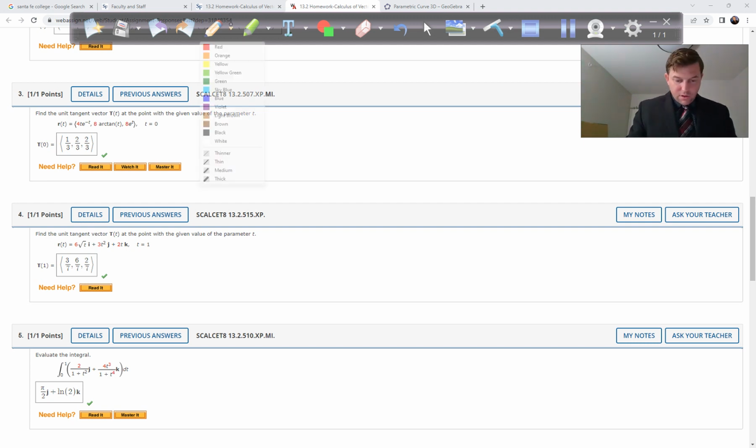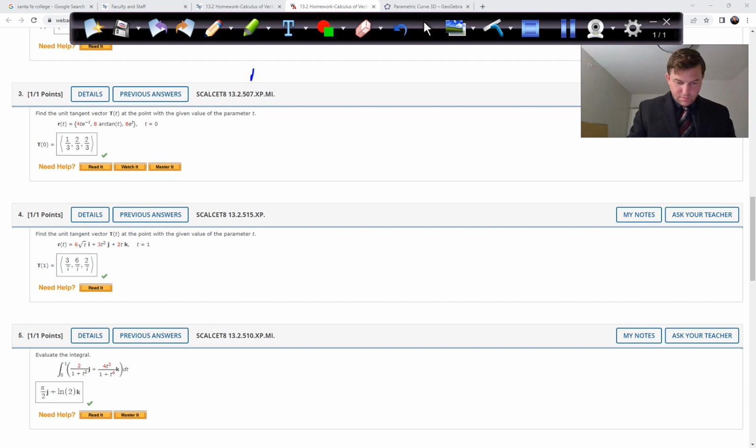So we have r of t, the vector function in parametric form is 4t e to the negative t, comma, 8 times the arctangent of t, comma, 8 e to the t.